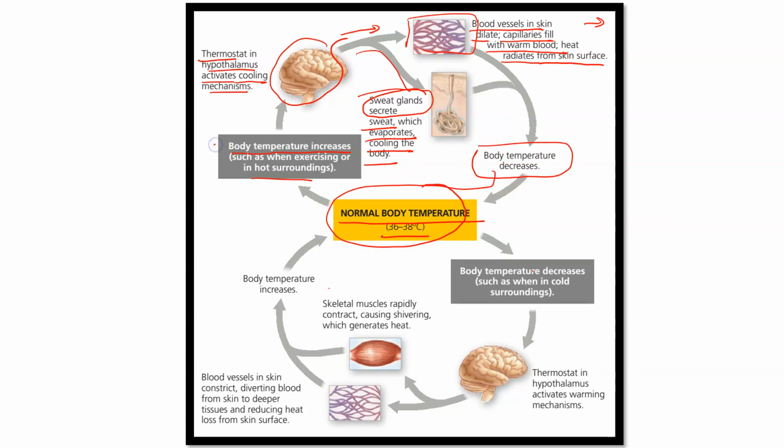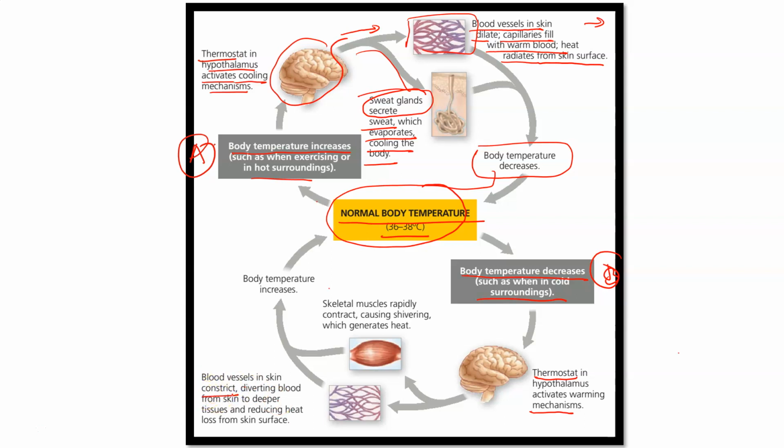Tu kalau increase. Kalau decrease, ni situation yang pertama. Situation yang kedua, if your body temperature decreases, dekat tempat yang sejuk, kan, duduk dalam peti ais awak contohnya. Okay, so that is detected by the thermostat. Thermostat in the hypothalamus activates the warming mechanism. So this causes blood vessels to constrict.